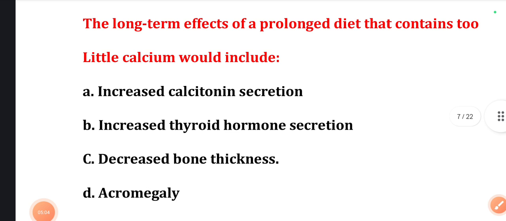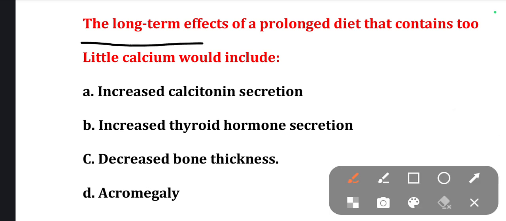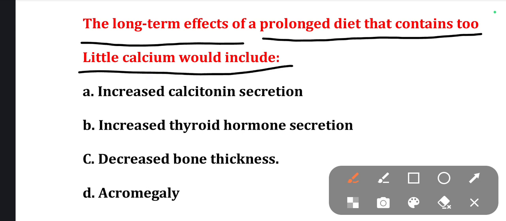The next one is: the long term effect of a prolonged diet containing too little calcium would be included. When a person takes less calcium for a long period, what will happen? Options are increased calcitonin secretion, increased thyroid hormone secretion, decreased bone thickness.